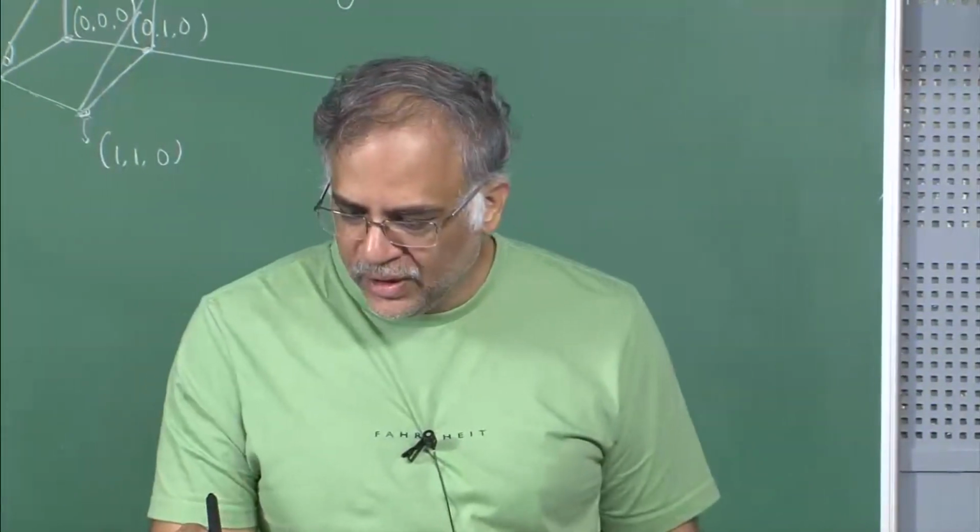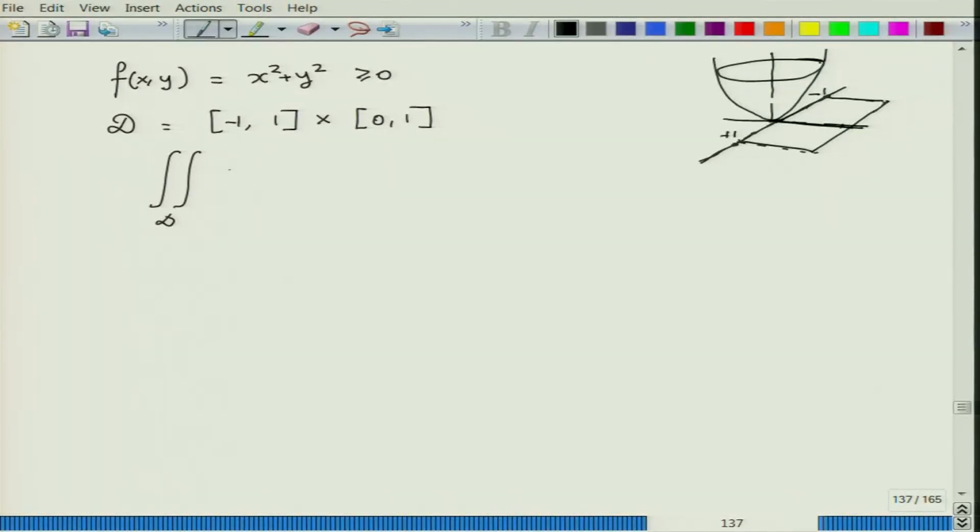So, we really have to find the integral over the domain D of x square plus y square dA. This is what we have to evaluate, dA or dx dy, whatever. So, now let us evaluate, with y from 0 to 1 and x from -1 to +1, dx. First we evaluate with respect to y.